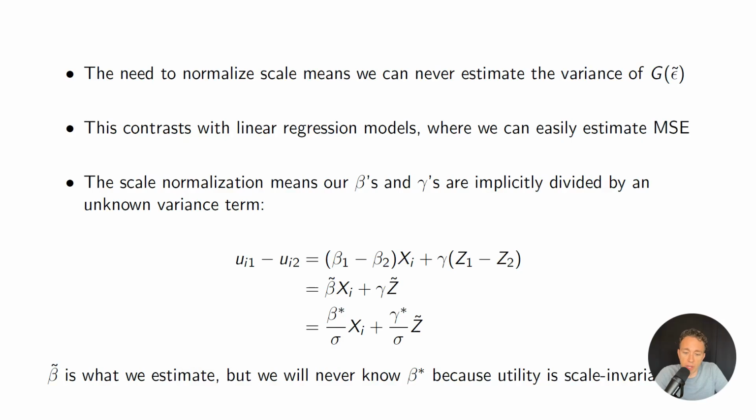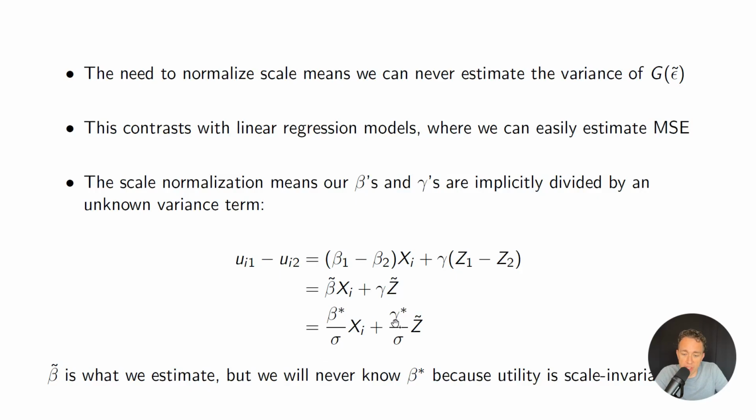Well, we can rewrite this u tilde 1 as the difference in the betas multiplied by x, plus gamma times the difference in the z's. So we can rewrite this as beta tilde times x plus gamma times z tilde. But in actuality, the beta tilde is some beta star divided by sigma, and we will never know what that sigma is because of this scale invariance property of utility.